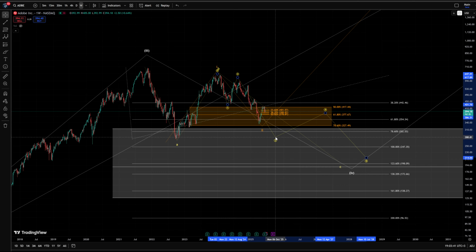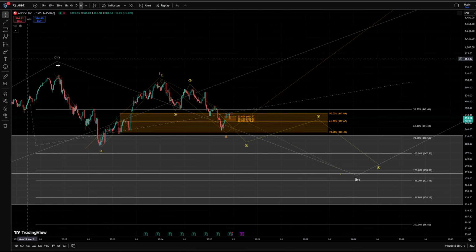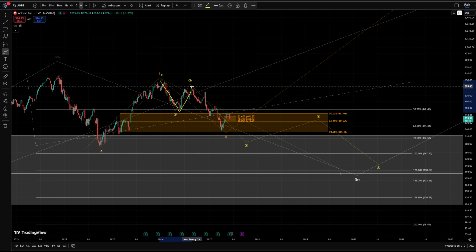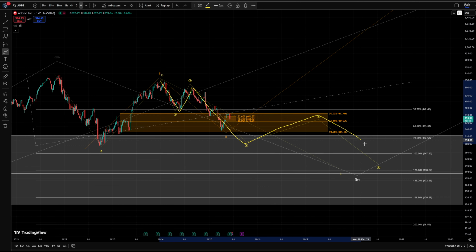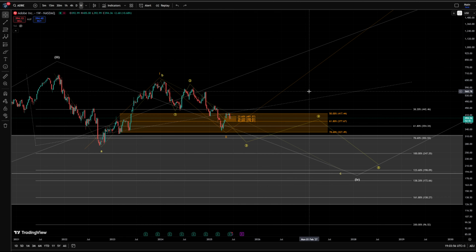In the yellow count, we have a wave 1 down here, a wave 2 up, a wave 3 that is possibly finished but also possibly still ongoing, with then a fourth wave and a fifth wave to follow.